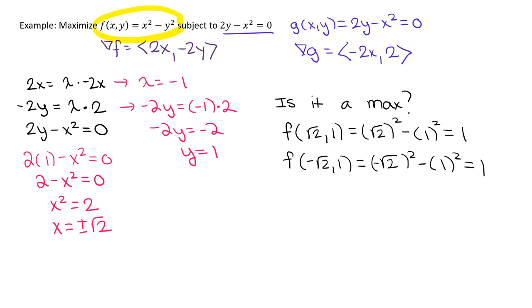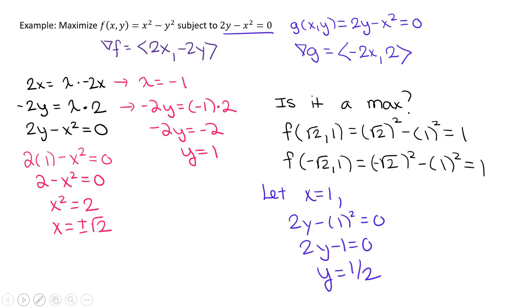And so to check, I am going to pick any other point that satisfies my constraint. So what about x equal 1? I just randomly chose x equal 1. I'm going to plug that into my constraint. 2y minus 1 has to equal 0. So that means y would equal a half.